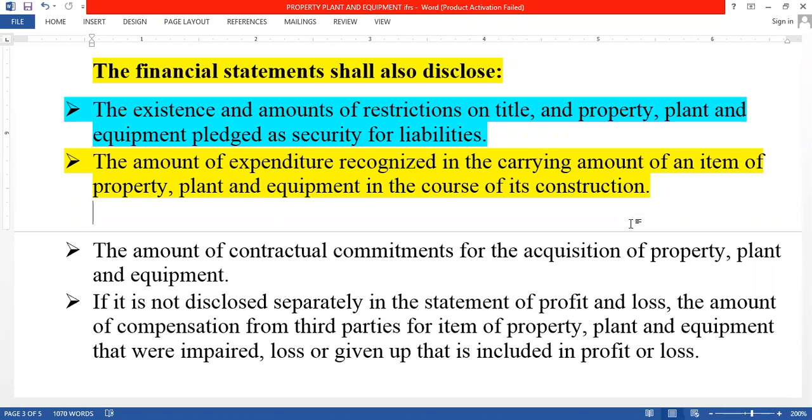Recognizing the amount of expenditure, so expenditure is also incurred while constructing or installing the asset. For example, when a building is being constructed, each and every construction expense incurred to construct the building is associated with the asset. So this we should also disclose.